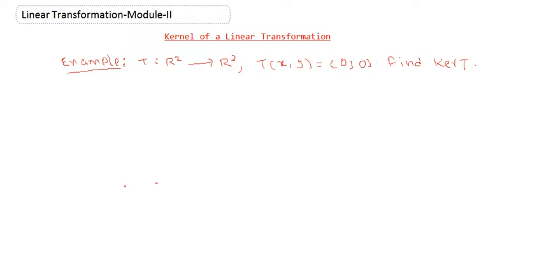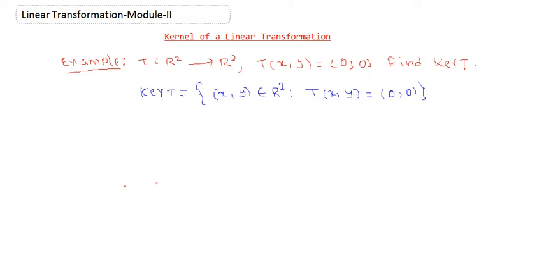Let me write it down. The kernel of T is the collection of all vectors of R2 which map to the vector (0, 0).